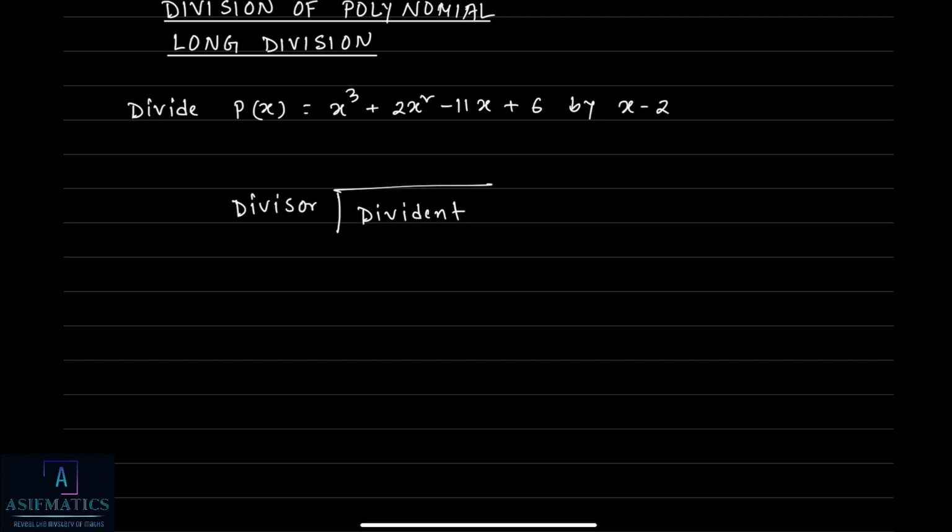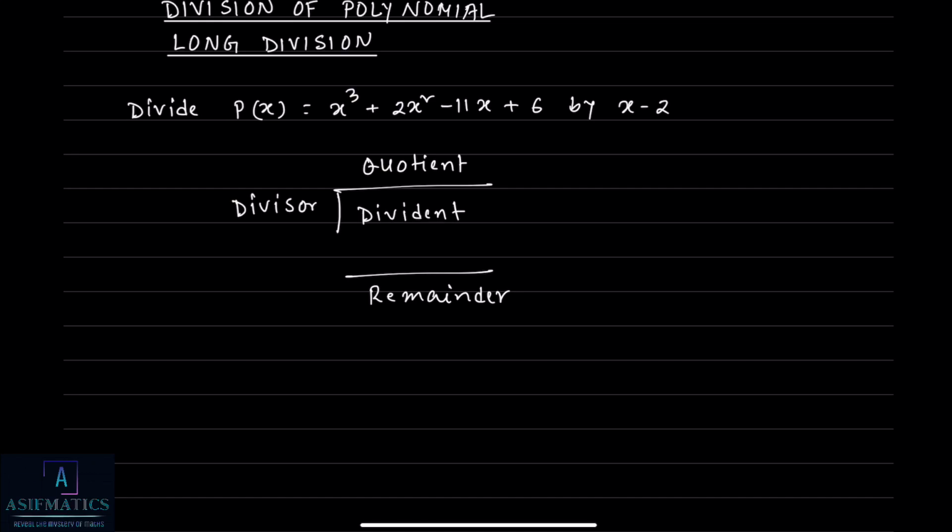Once you do this you will get a quotient, and if something is left we call it a remainder. The similar thing we will do here for the long division case.